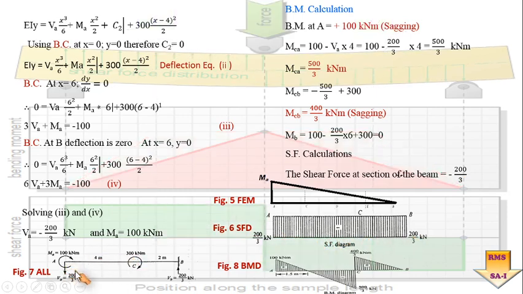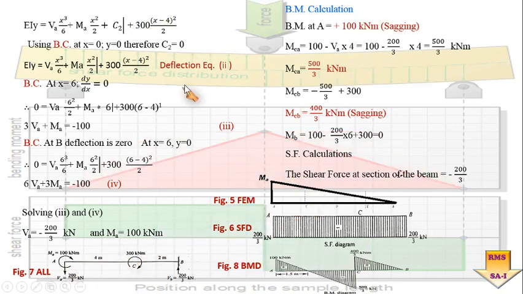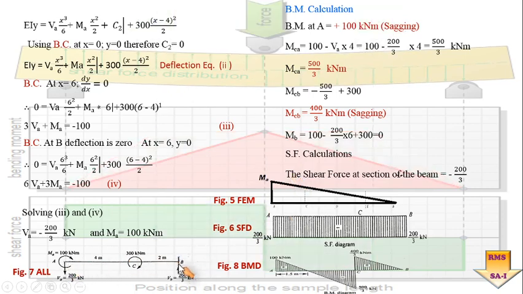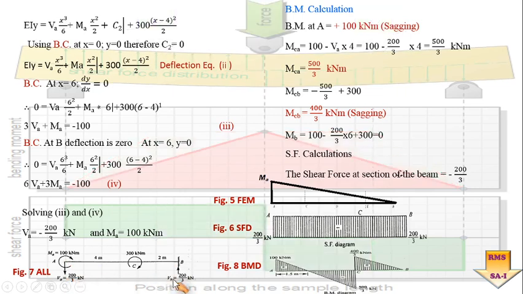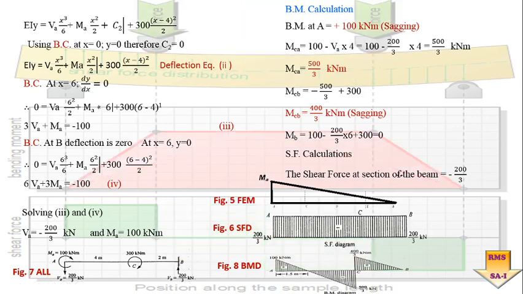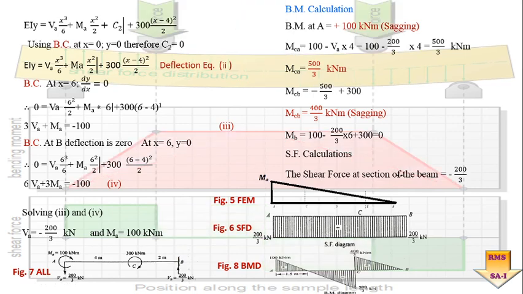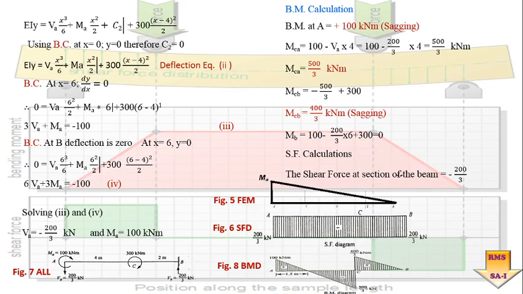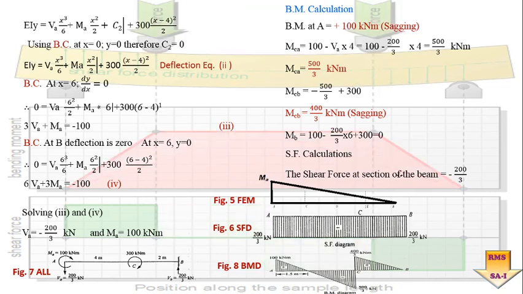This is the figure in which I have shown all the forces found by the whole analysis. MA we have found, MB is already equal to 0, VA we have found, and VB we have also found. So this is how we have to analyze the fixed beam which is subjected to a couple anywhere on the length of the beam, as well as work out the effect of sinking on the fixed beam.